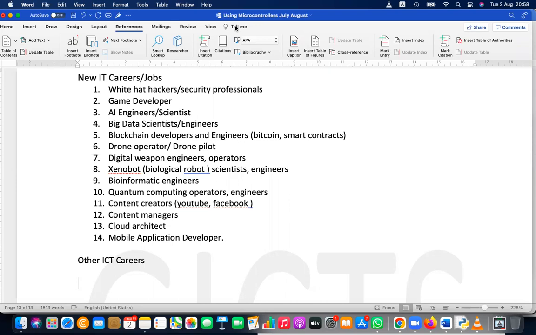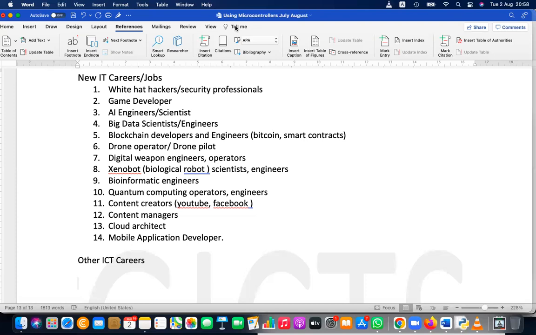Drone operators, or we call them drone pilots even. These are the people who operate drones. So those are also pilots. They are also trained people.